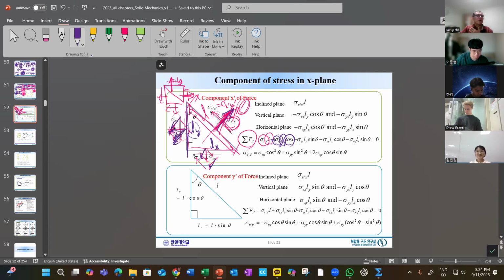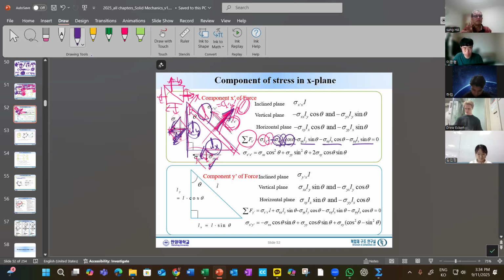So the point is that we have L, we have Lx and Ly, different cross sections, and then we have force decompositions. So we do 1, 2, 3, 4, and 1, 2, 3, 4.